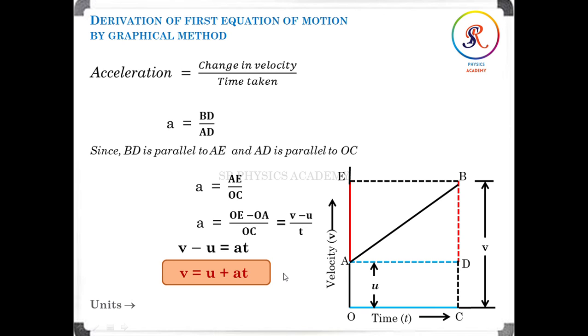The unit of velocity V is meter per second, the initial velocity is also meter per second, acceleration is meter per second square, and time taken is in seconds. The square and the s will cancel, so all the units are meter per second.